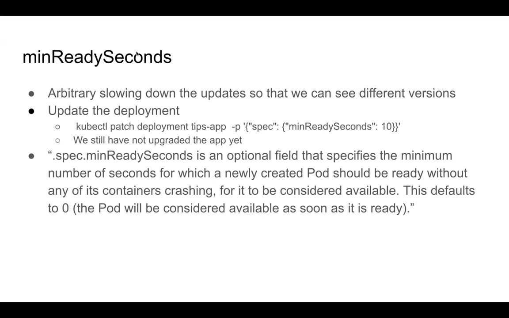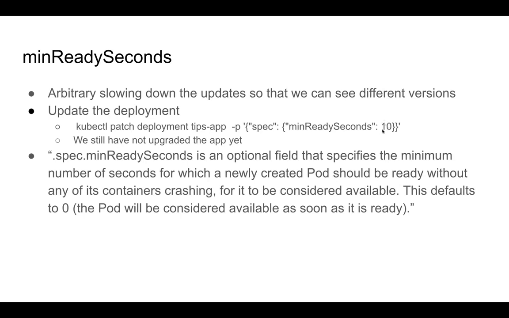Now what this min ready seconds is exactly. This is an optional field which specifies the minimum number of seconds for which a newly created port should be ready without any of its containers crashing for it to be considered available. I copied this from the definition of min ready seconds, and you can see that using the explain command: deployment spec min ready seconds. So when you upgrade, the port will be there, but it will not be available for 10 seconds, because you have set this min ready seconds value to 10 seconds.